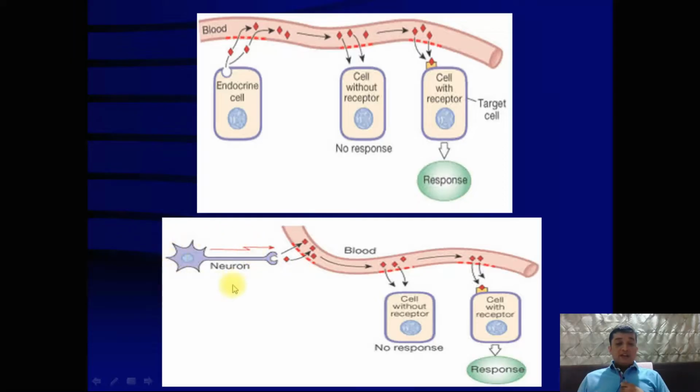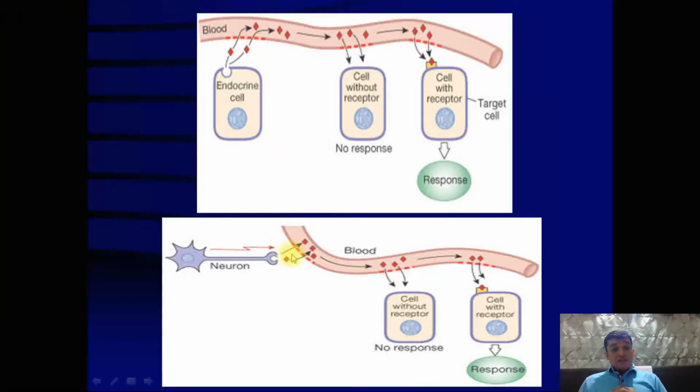Here you can see a neurosecretory cell, which is a modified neuron releasing a chemical. Normally the chemicals released from neurons are referred to as neurotransmitters. To recall, neurotransmitters are released locally in response to neuronal excitation, so their effect is also local.